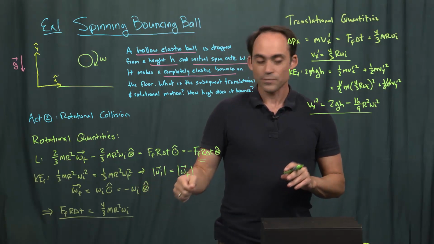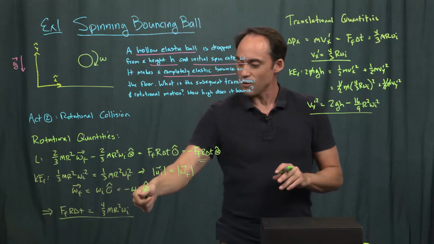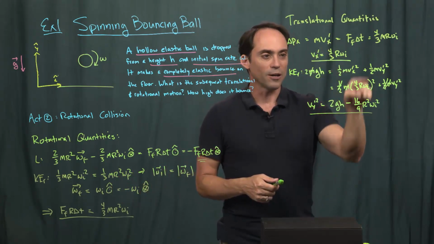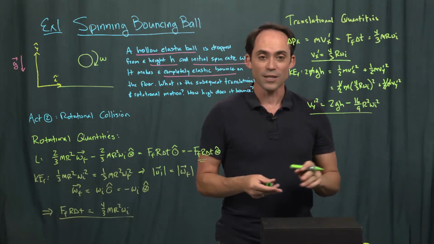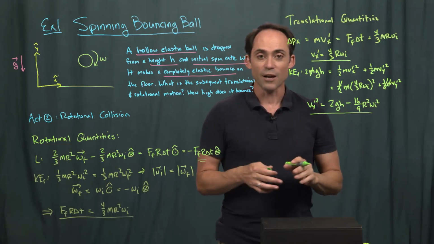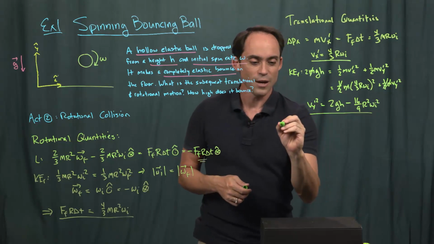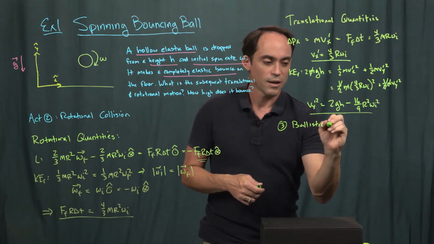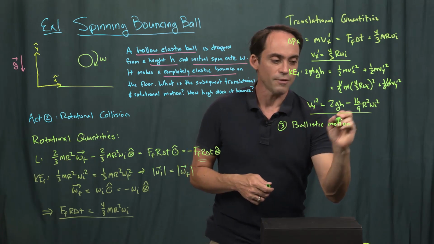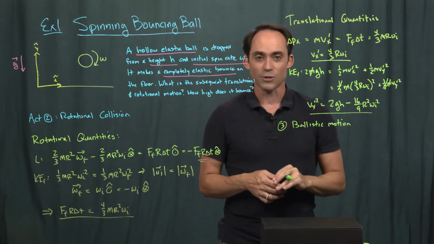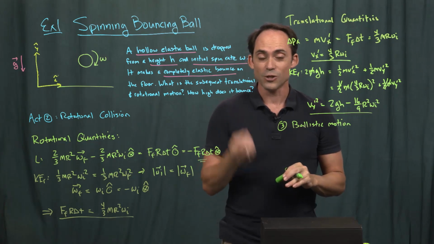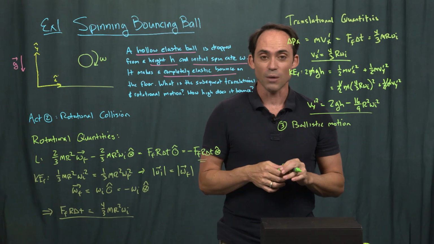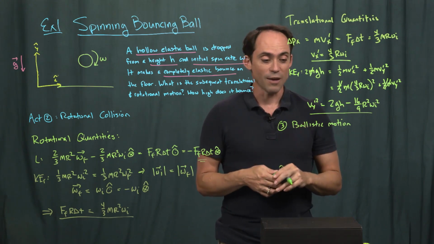We've got our final angular speed, which is just equal to the initial angular speed. We have our components of x and y velocity. We've actually now got enough to set up our step 3, which is really just ballistic motion. And if you recall, if you have any kind of constant acceleration problem, all you need to know is the initial position and the initial speeds in every component, and you can solve for the motion thereafter.